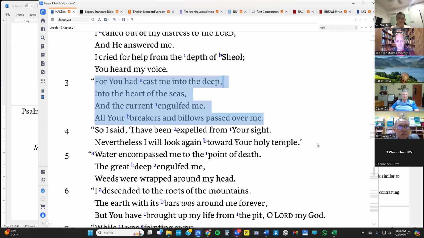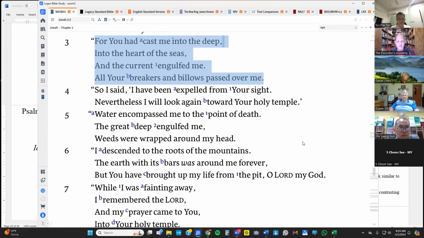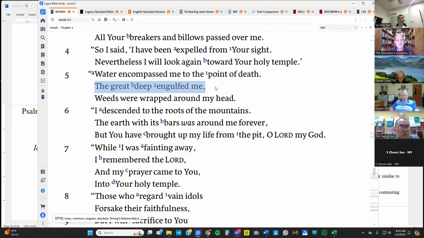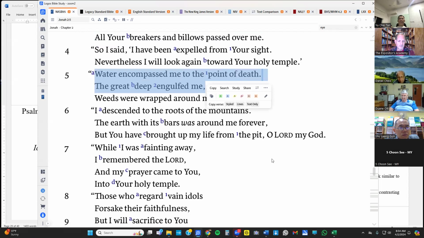He was in the waters. The great deep engulfed me. Water encompassed me. So here he's not being figurative in this sense. He's being literal. David was saying, you delivered me, you drew me out of the waters. There he was being figurative, but here in Jonah 2, it's actually literal expression.